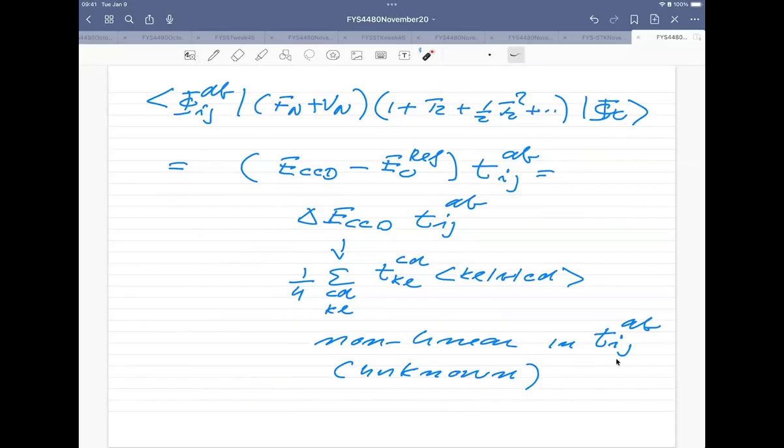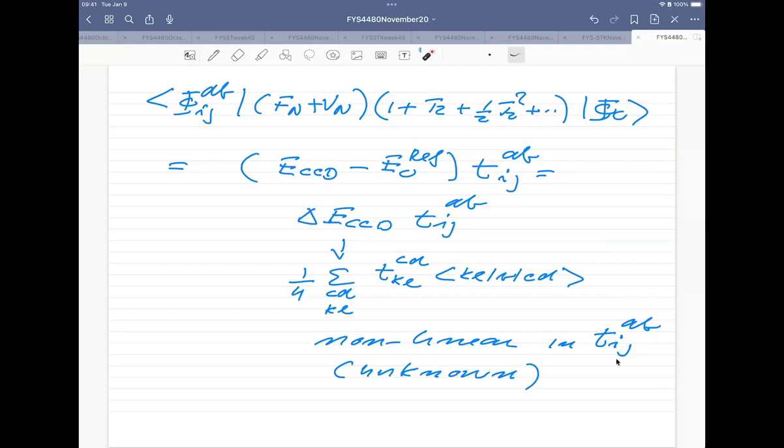So it's a similarity transformation. And then if you move this one to the other side, put it equal to 0, you have an equation where, by iteration, by finding the root of the equation, you can find these coefficients in an iterative way. And that's essentially how coupled cluster theory is implemented.